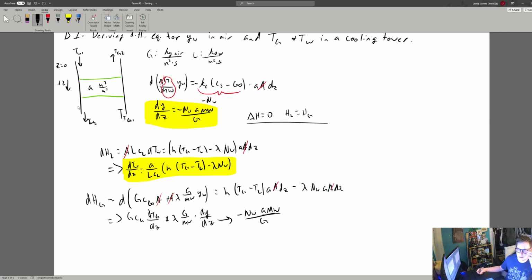Okay, so then we're just going to clean it up a bit and just have the equation on the right hand side.